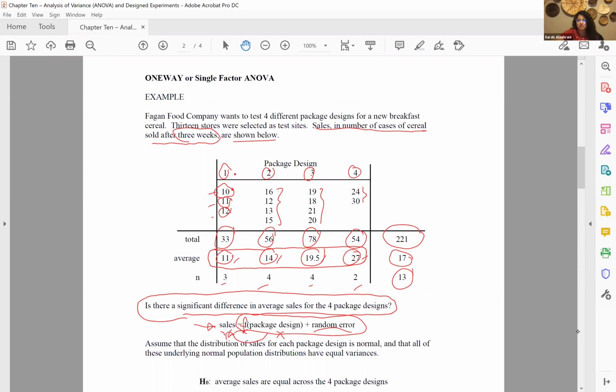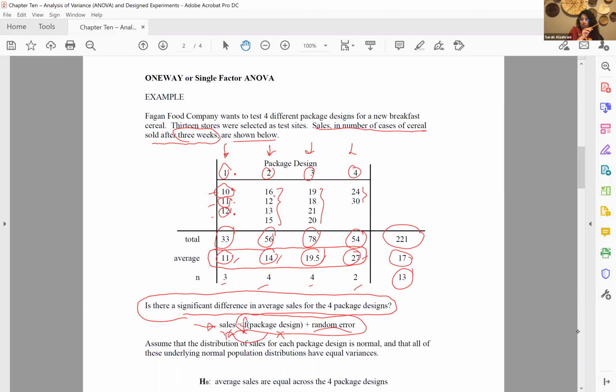Dr. B, I have a question. Yep. Are we assuming that each row is a store? No, each row is where the package design 1 has been implemented, 2 has been implemented, 3 and 4. Each one of these is a store. Is it consecutive to each package design? So for example, store 1 had X amounts of package design 1, 2, 3.